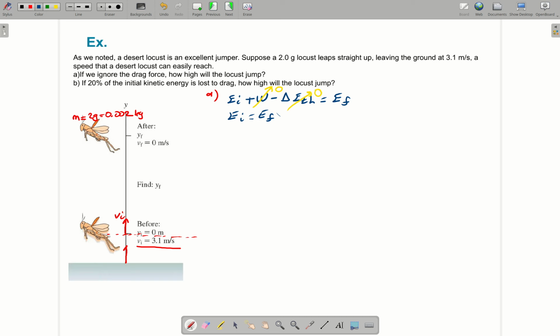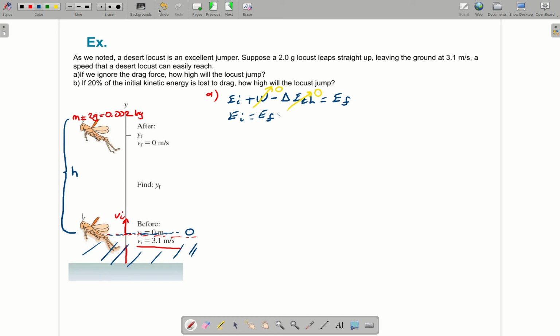Initially, the locust is jumping from here, and remember, I can take this position to be 0 and ignore this part for potential energy. I'm going to be looking at how much potential energy change from that point to that point anyways, so it's safe to pick my 0 point to be this for my potential energy, and I will do that, and I will call this the height it will jump.